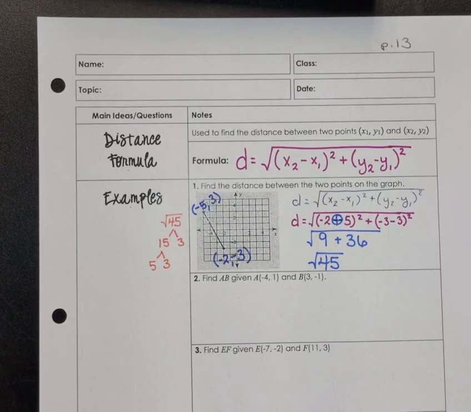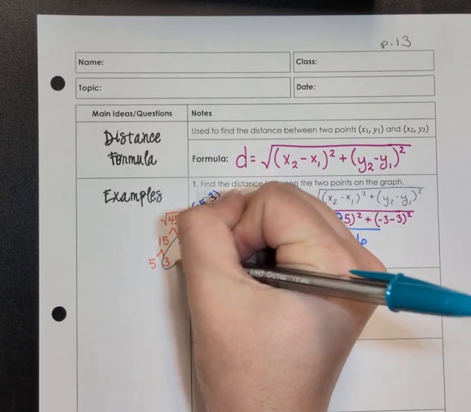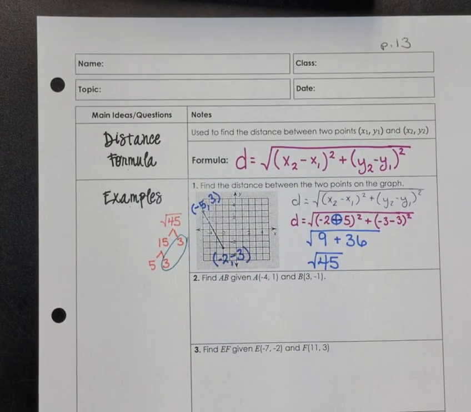You don't put them all under the square root. They're all prime. I'm going to circle the 3s because I had 2 of them.